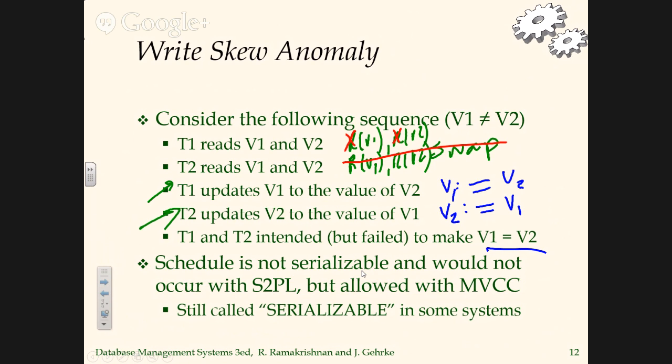Now, if you tell this to a native Oracle person, they will just say, of course, this is the way it should be. And not knowing the theory of serializability, they would think that this is perfectly normal. However, one of the reasons why they think so is because this mode is actually called serializable in many cases, which is not correct.